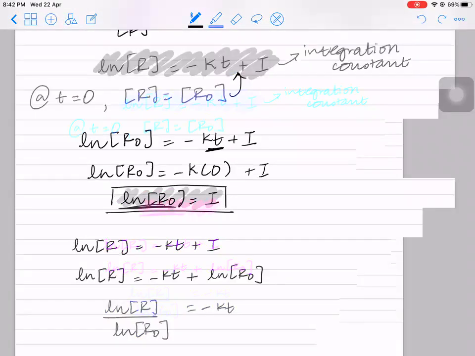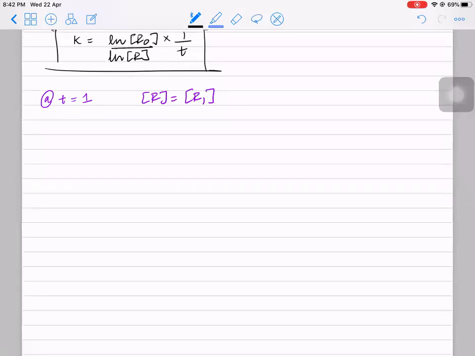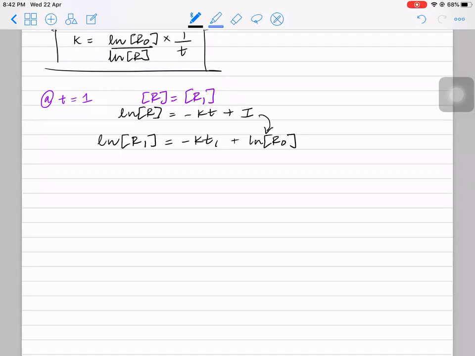So let's find the equation at t1. It will be ln R1 is equal to minus kt1 plus ln R naught, right? This was your equation. It was ln R is equal to minus kt plus I. We substituted the value of I for this, and that's what you have, right? So my R is R1, t is t1 because at time 1, right? And I get this value for this equation for t equal to 1.